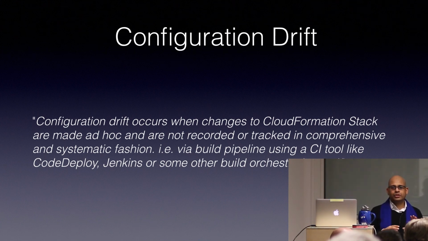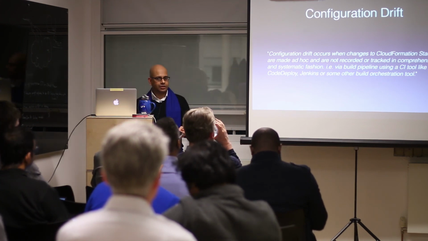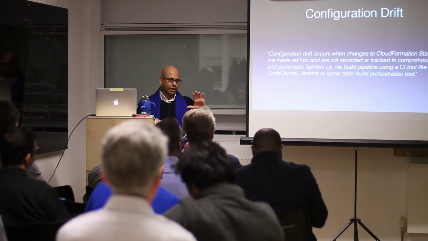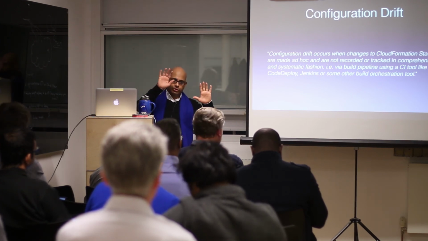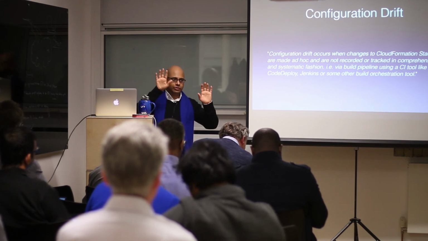The whole point of infrastructure as code is that you should do it through scripting. But if for some reason you have to make changes for production reasons, so something's gone wrong and you have to do an immediate change, you haven't got time to write a CloudFormation script, test it, and see if there's a change set. Amazon doesn't stop you from making that change, but now your CloudFormation and your actual environment are no longer in sync, and this is what they call configuration drift.